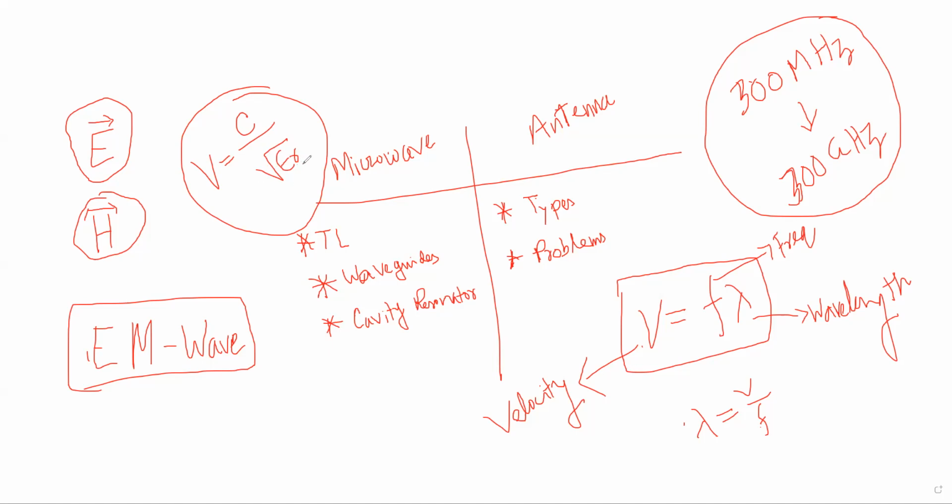One question may arise in your mind: what is actually epsilon r? Anyone know what epsilon r is? Relative permittivity. Epsilon r is the relative permittivity.